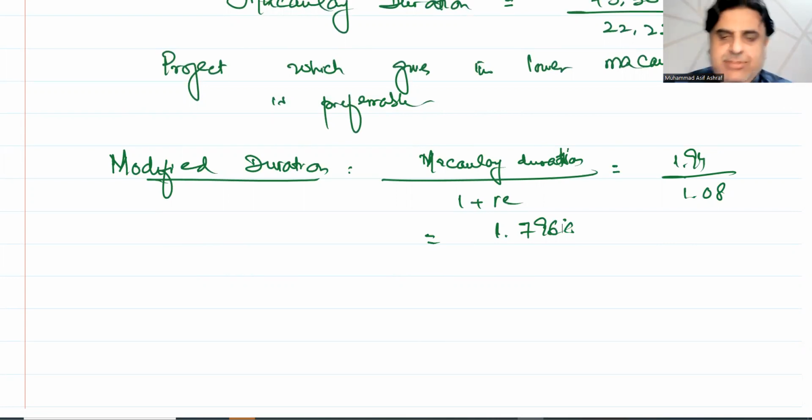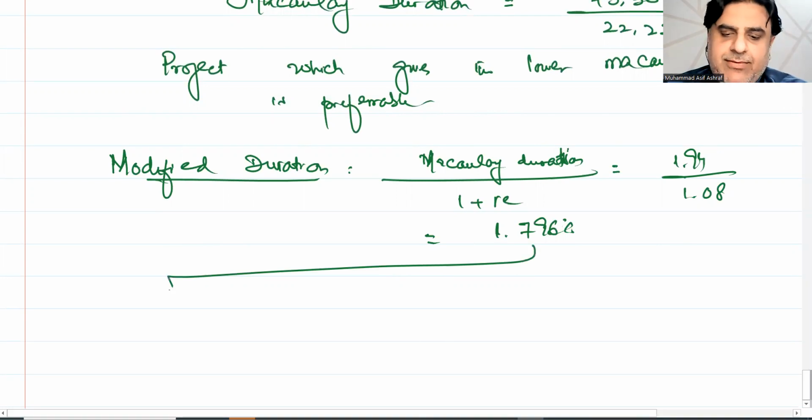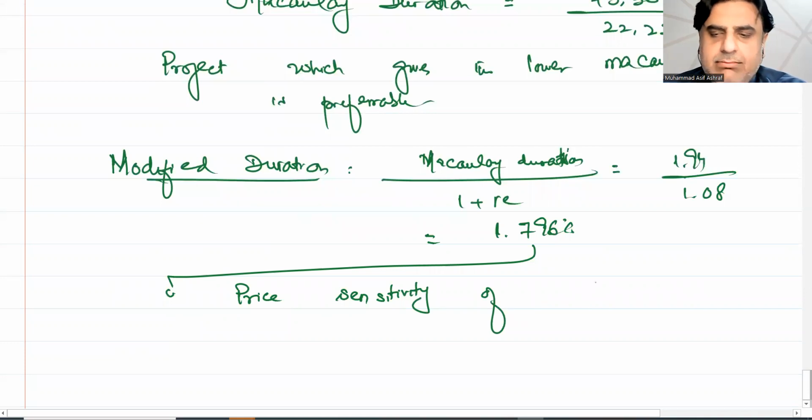So this modified duration is basically suggesting the price sensitivity of a project or, let's say, if you are talking about the duration of a bond.